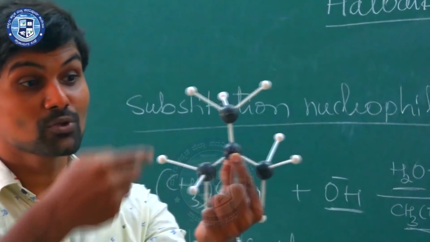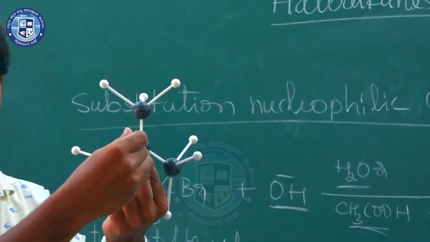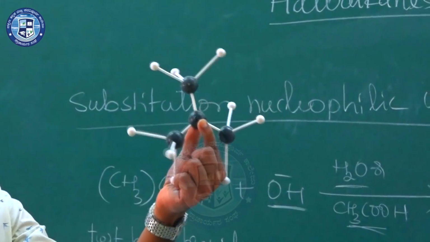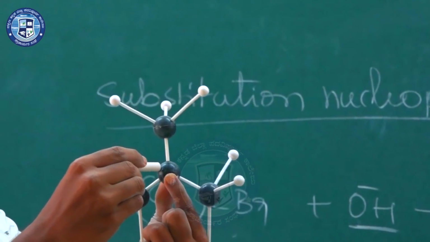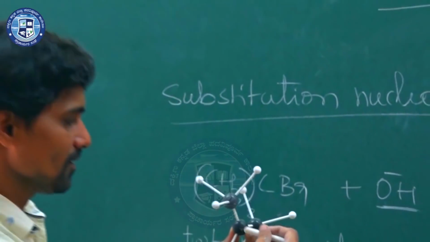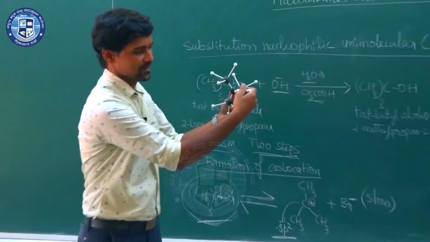Now, to this carbocation the nucleophile attacks. From which side can the nucleophile attack this carbon atom which has the positive charge? Imagine in the reactant molecule bromine was on this side.